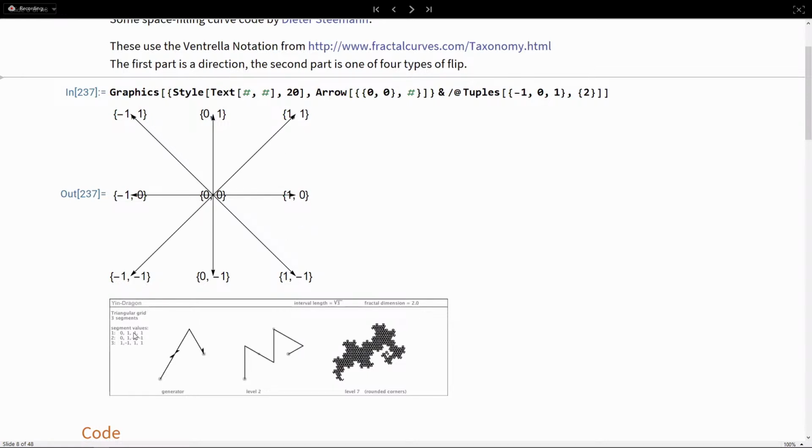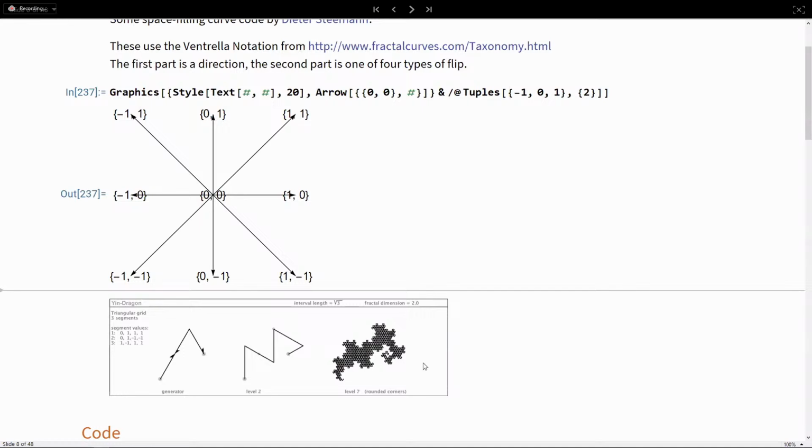And then there's a method for how it gets flipped. So for example, this arrow here has the ending arrow on this side, but this next one, it's backwards and the arrowhead is on the other side. So the first one is 1, 1, the next one is minus 1, minus 1. There's 4 different types of flips that are possible with a segment.